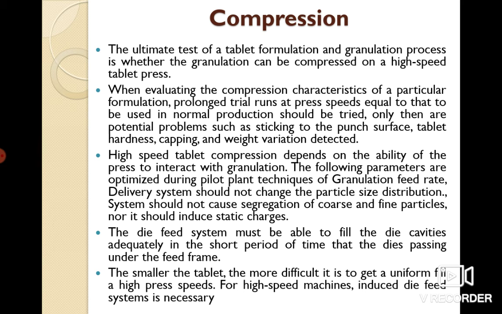The control factors while selecting the speed of the press are granulation feed rate. The delivery system should not change the particle size distribution, and the system should not cause segregation of coarse and fine particles, nor should it induce static charges. So this is really a very important thing.